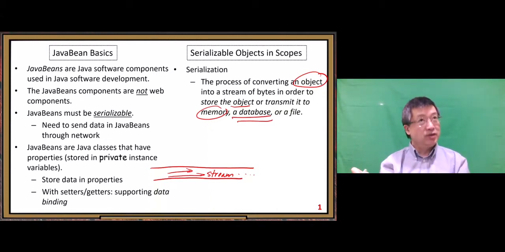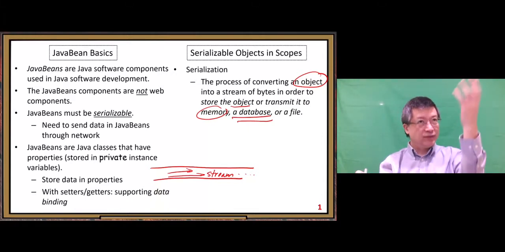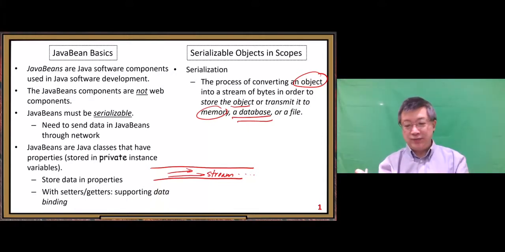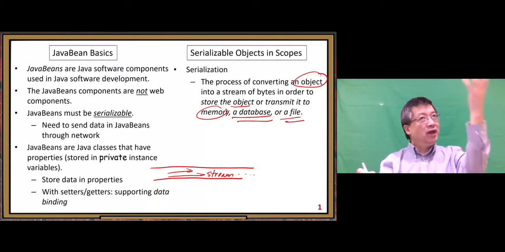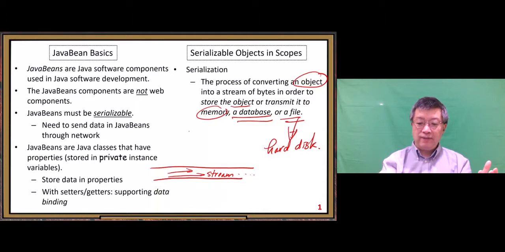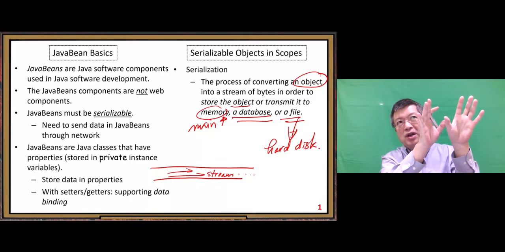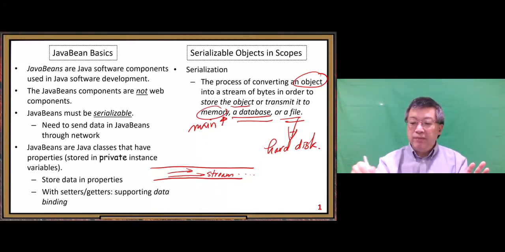There is a special type of database that can store objects, or a file, meaning stored on the hard disk. So your Java objects could be stored in different places, different mediums.